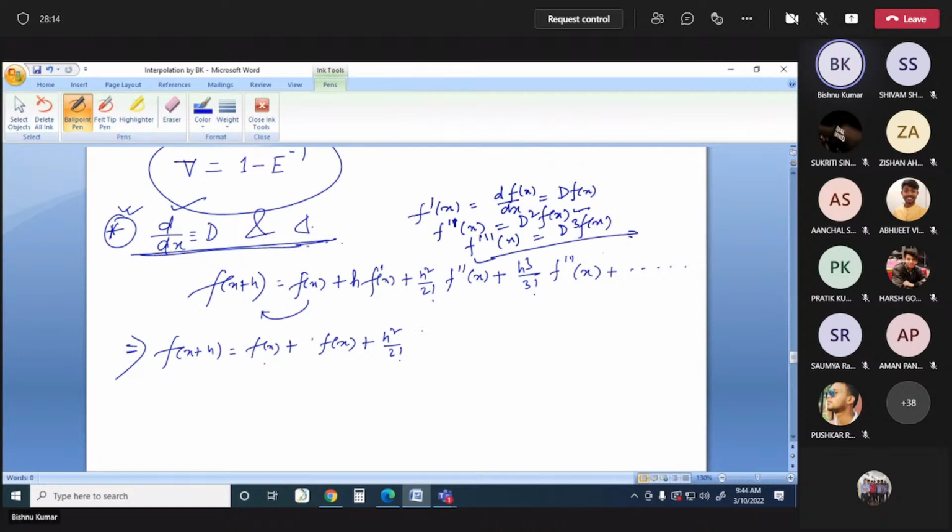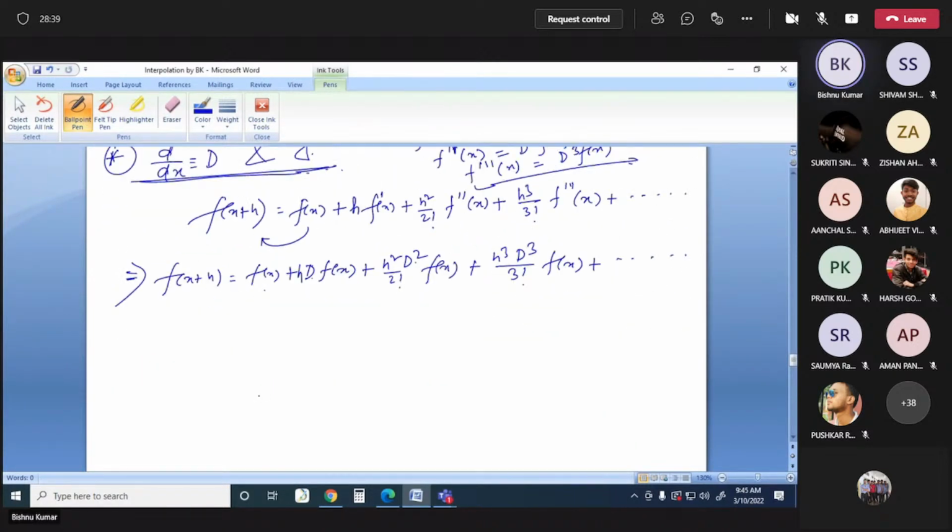Okay, so this is h D f x plus h square by factorial 2 D square f x plus h cube D cube by factorial 3 f x. In that way, your terms are increasing. Is it clear?